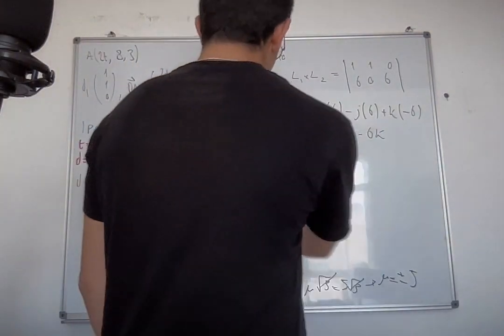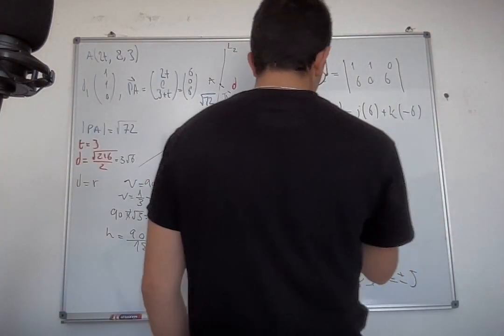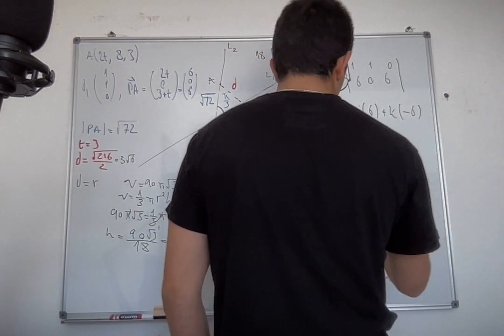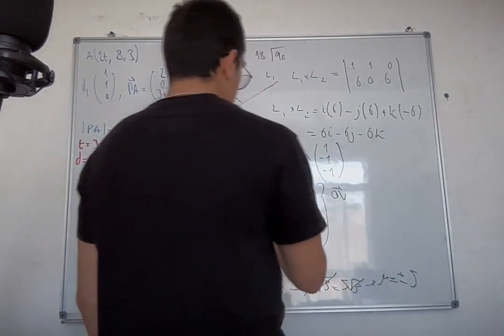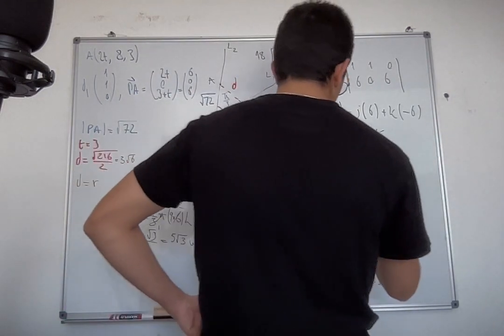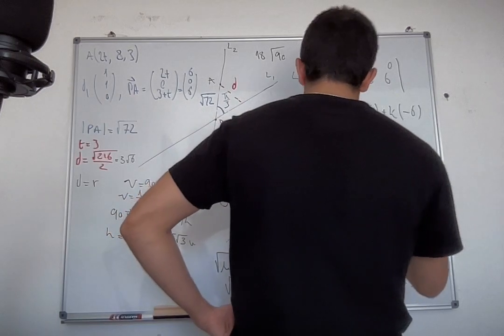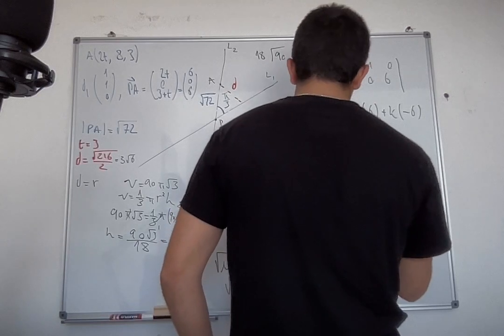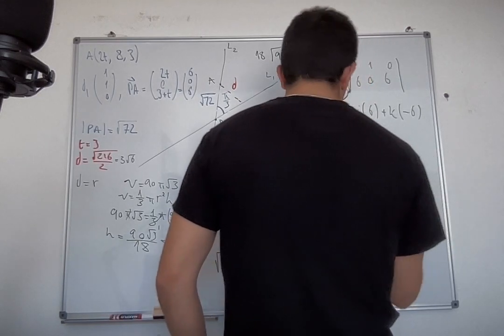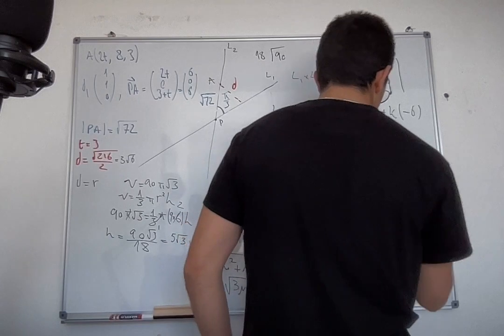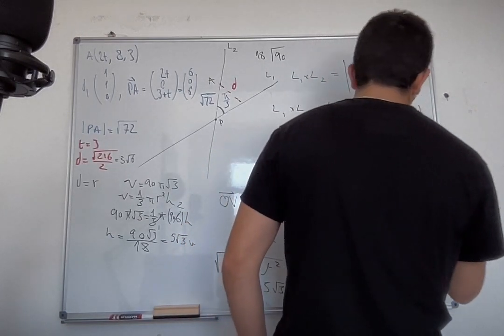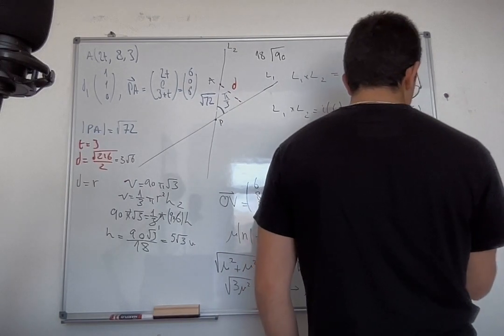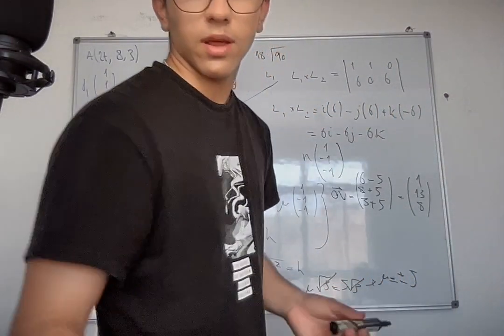So OB can either be 6 minus 5, 8 plus 5, 3 plus 5, which is 1, 13, and 8. 1, 13, and 8 is correct.